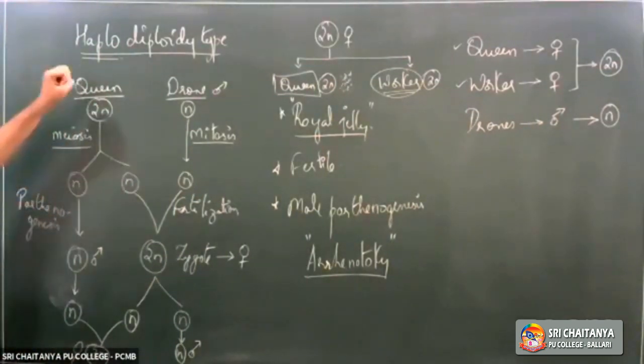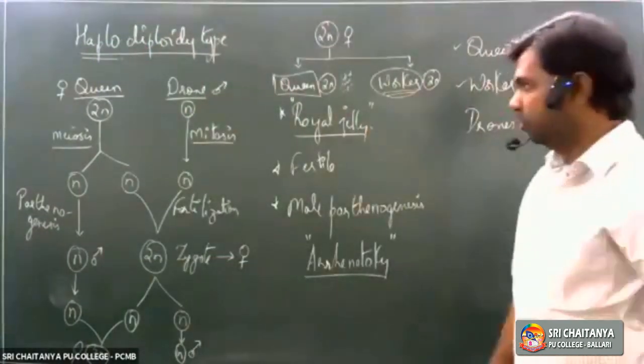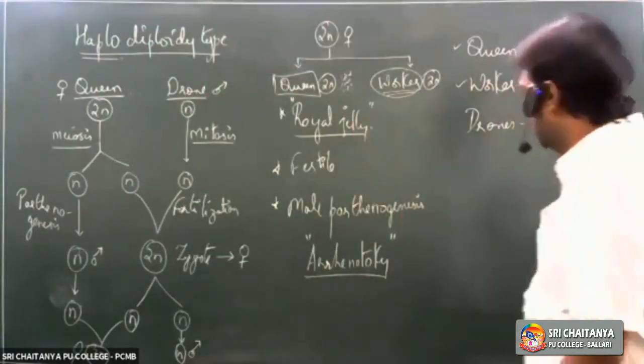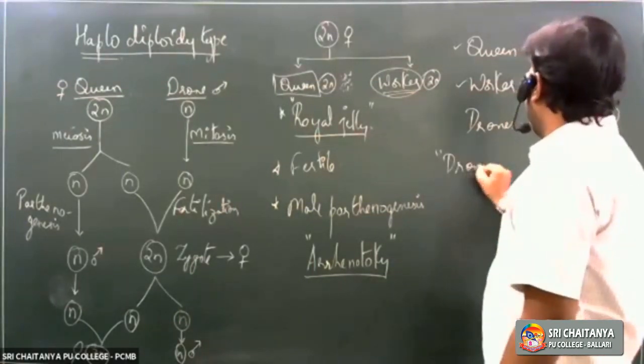One more important thing you need to know in this haplodiploidy type of sex determination is what most scientists say about the drones.